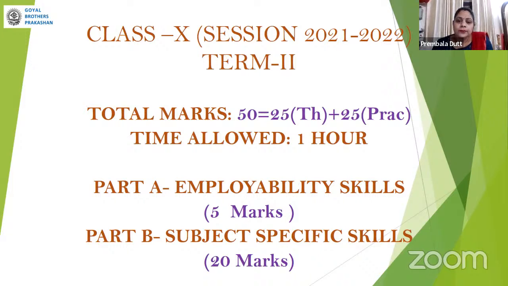So they should prepare from the last chapters of the subject specific skills, because in practicals also the topic will be from subject specific. In competency based also the questions will be from there, whereas the maximum weightage of subject specific is 20. So you should always suggest them to prepare part B first.